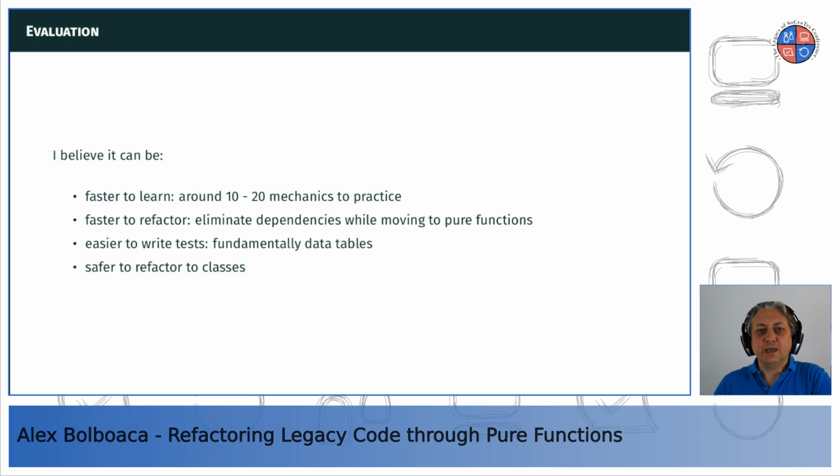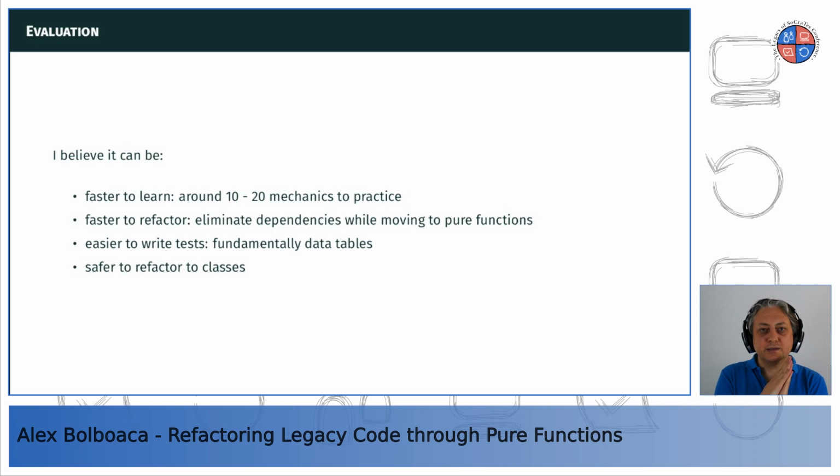And I believe we can split this into perhaps 20 mechanics that you can practice in a safe manner on simple examples and then on more complex examples, but outside the production code, and then go into your production code and actually be able to apply that.